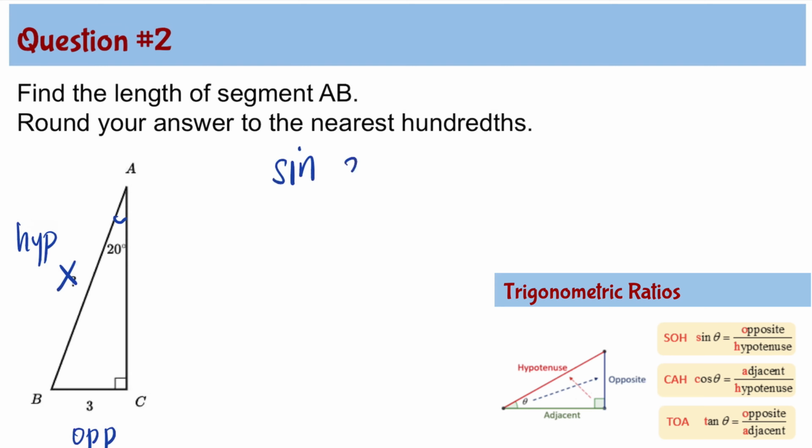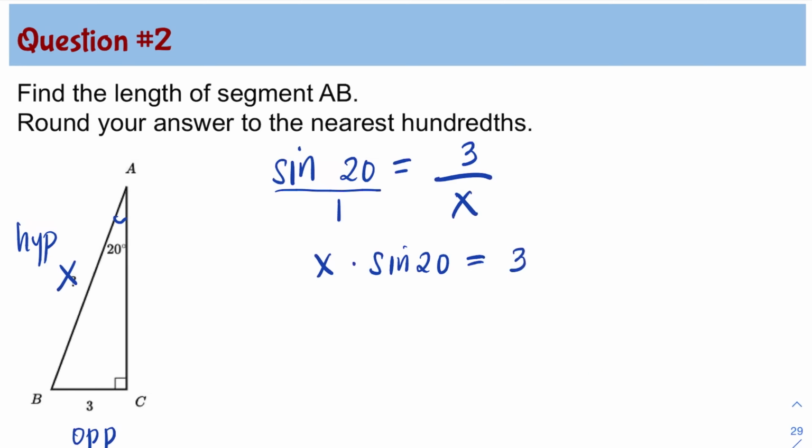So sine 20 degrees is equal to opposite over hypotenuse. So opposite is 3, and hypotenuse here is missing, so we have x. Same thing, we can put over 1, and then we cross multiply. So in this problem, if you multiply sine 20 times x, that's the same thing as x times sine 20, and is equal to 3 times 1, which will give you 3.